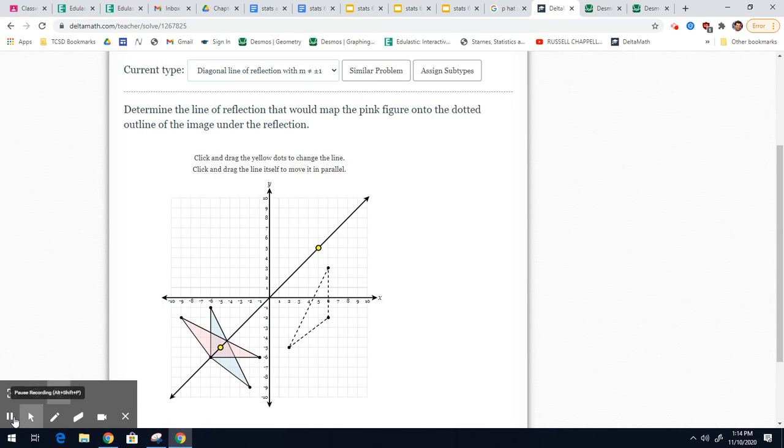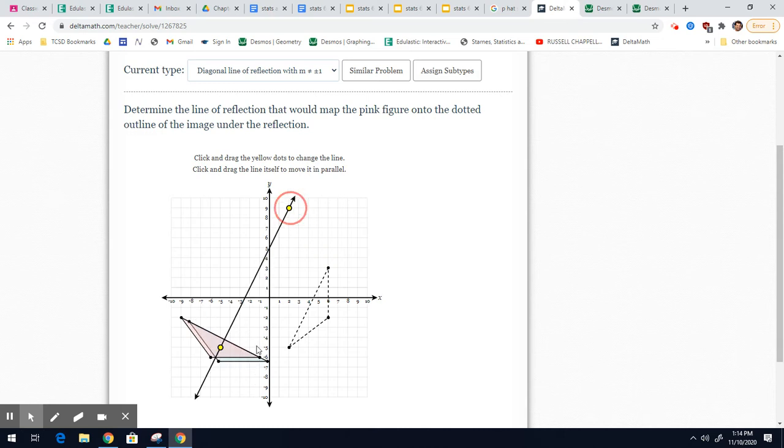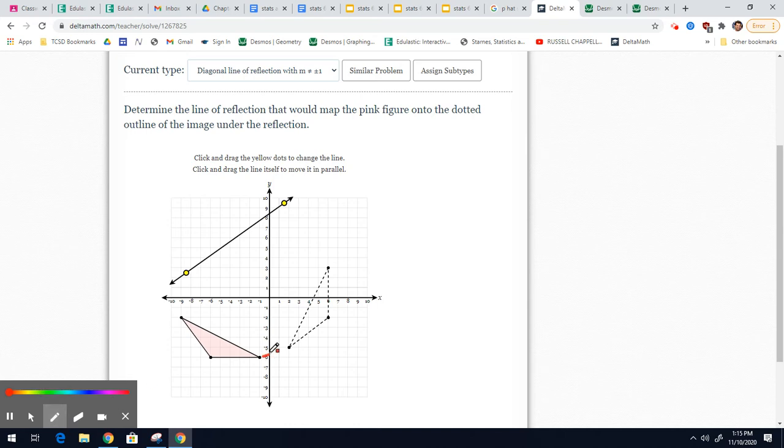All right, so we did a problem like this before where we have to move the line to make the pink and dotted triangles reflections of each other. So the blue triangle is going to move. If I move this off the picture real fast, let's just move it up. Okay. So if I connect these two, this line connecting those two does not have a slope of 1 or negative 1.